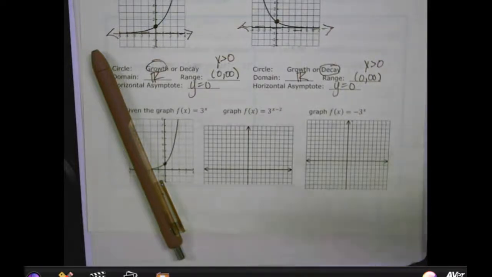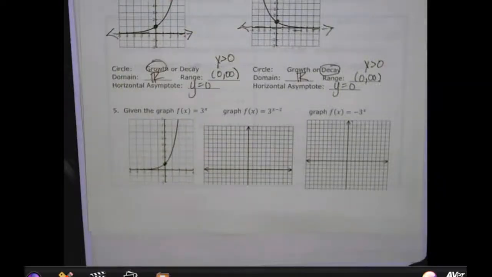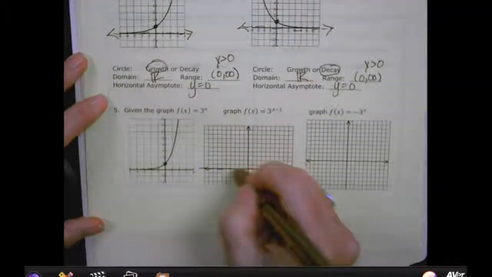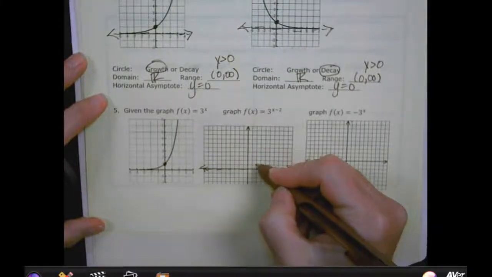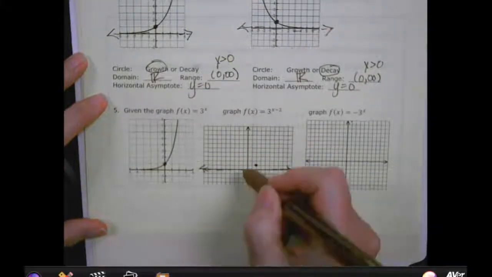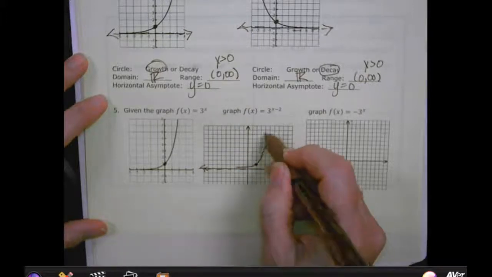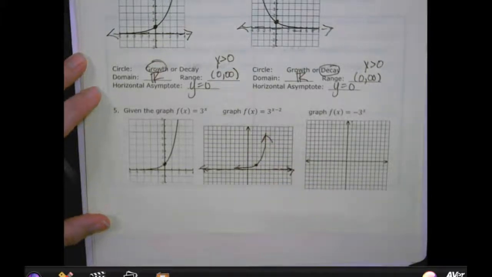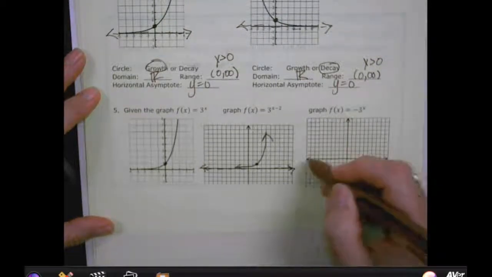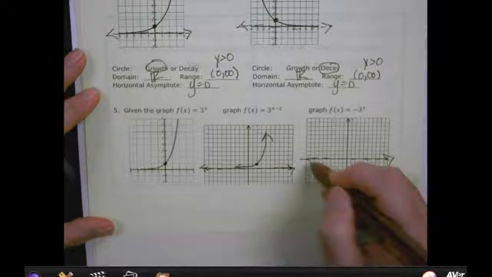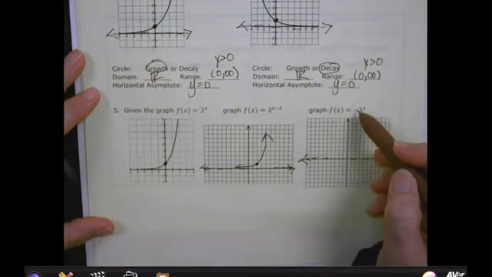To the right too. So does that move my asymptote at all? So here's the asymptote, and I'm going to take this point and move it to the right too. So what about the negative 3x? What does the negative mean?